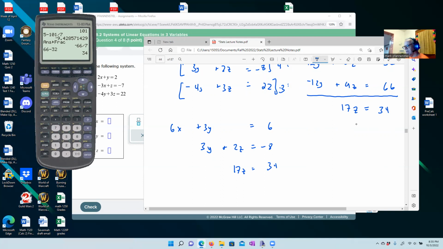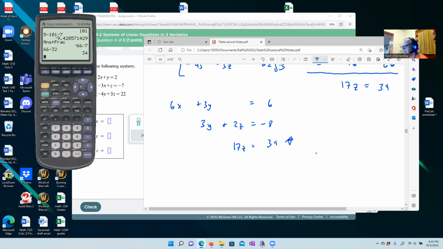So again, we see that there might be some holes, but the important thing here is we have this upper triangular shape. That's what we really want. So we can take 17z equals 34. This is the one I'm looking for. Z would then be 2.